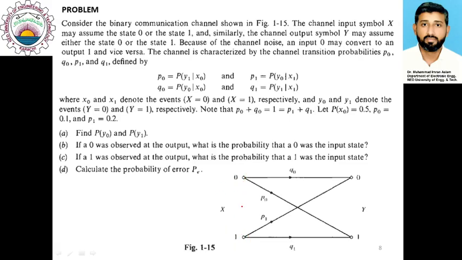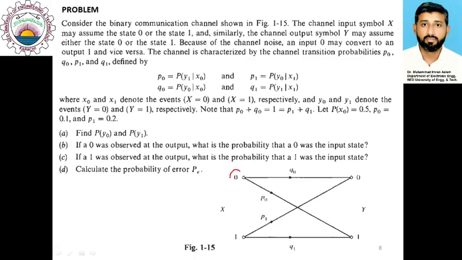When this 0 or 1 passes through the binary symmetric channel, this communication channel, of course it will be contaminated by noise, and sometimes noise causes error in the detection, and that error in the detection will result in a wrong decision at the receiver side.